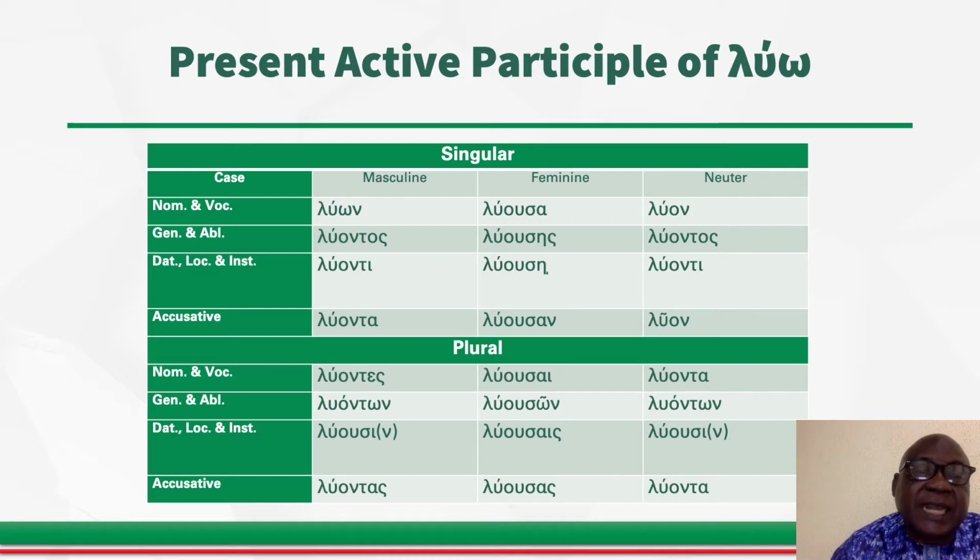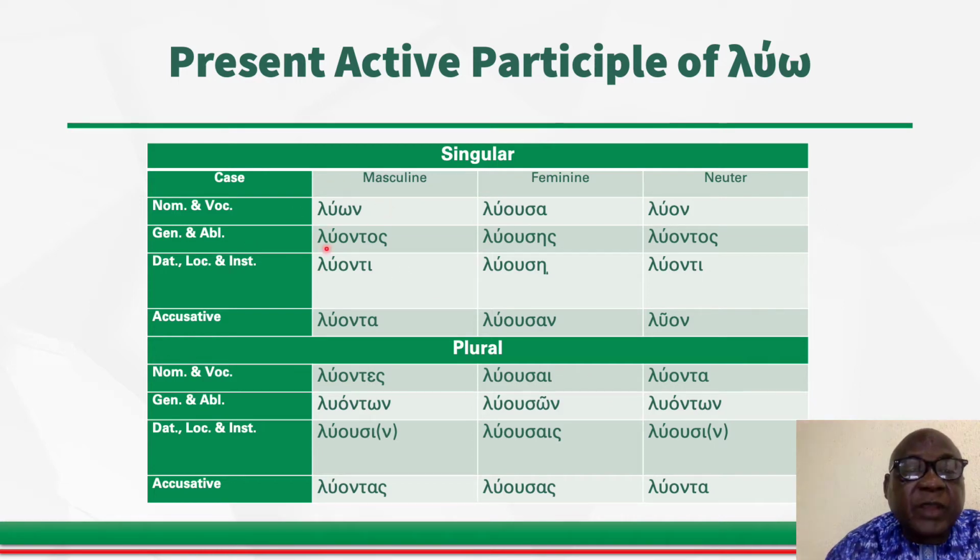Now, these are the cases here. The masculine is in this column, the feminine in the third column, the neuter in the fourth and last column.